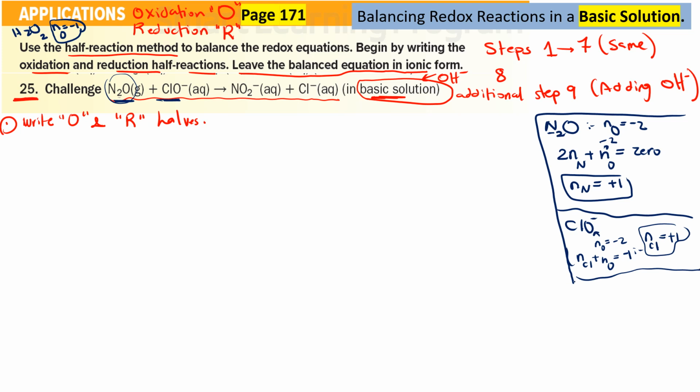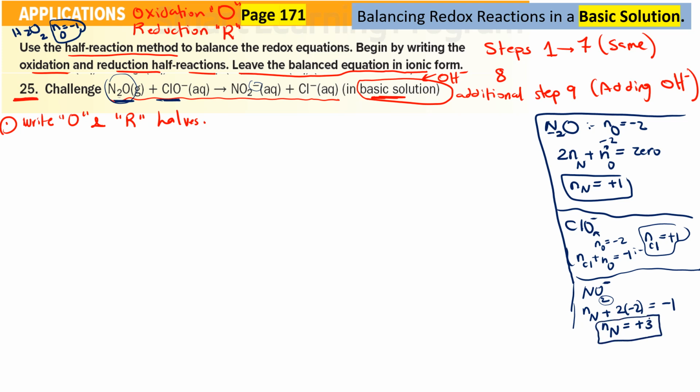Now let's look at NO2 minus. Again, oxygen is minus 2 and we have two of them, so the oxidation number of nitrogen plus 2 times minus 2 equals minus 1. Why minus 1? Because we have the minus charge up here. So the oxidation number of N here is going to be, with minus 4 going over, plus 3.